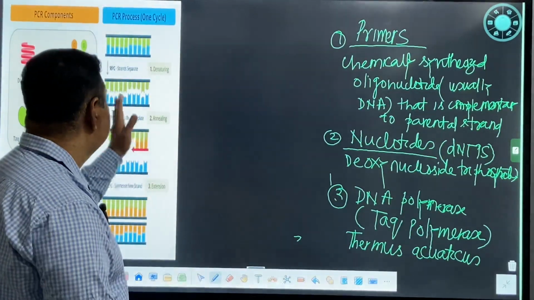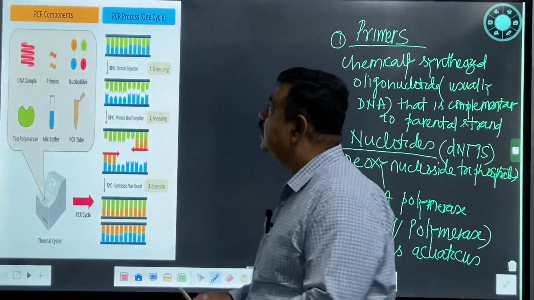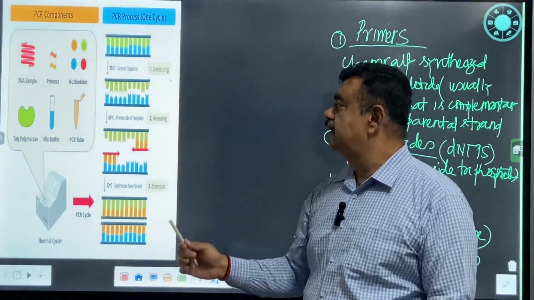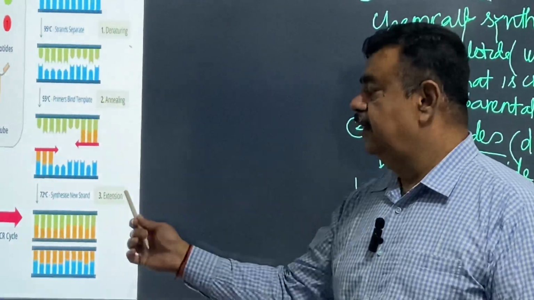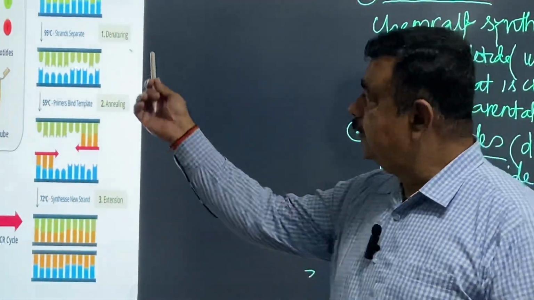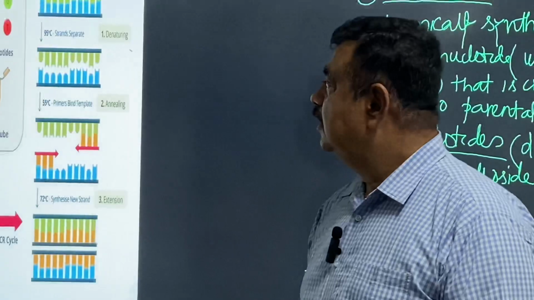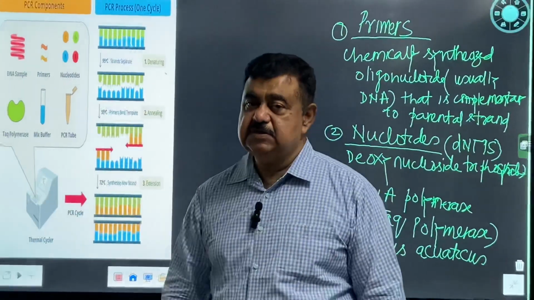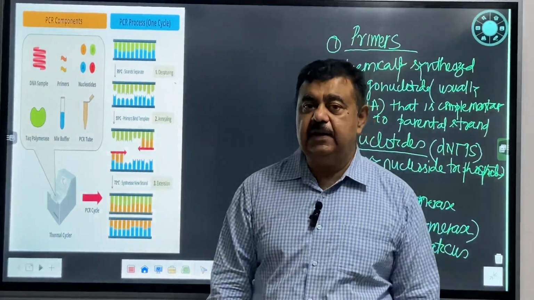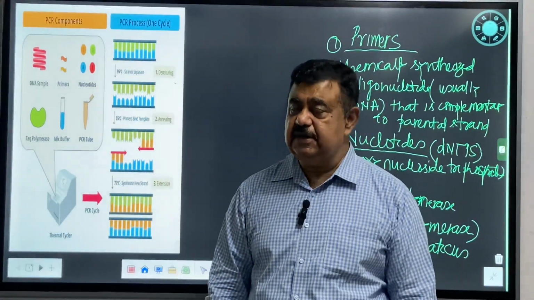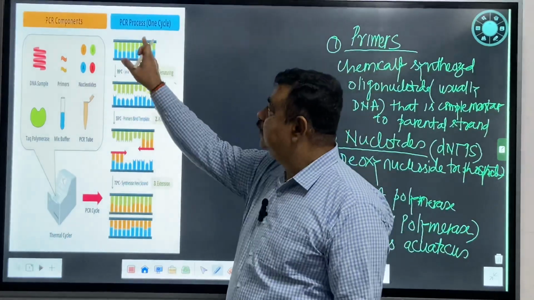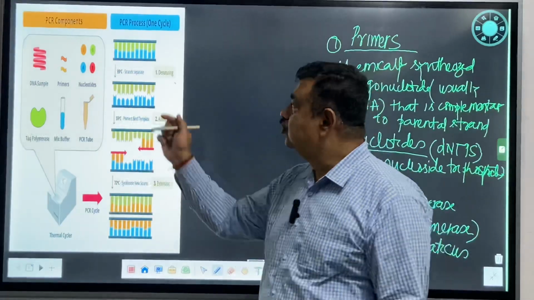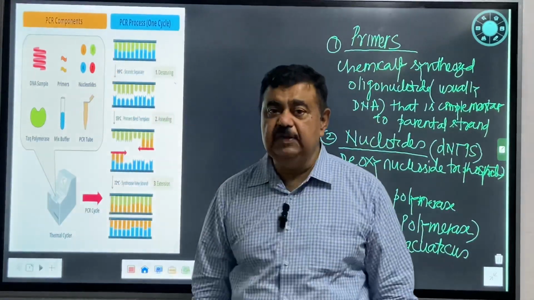Now we have to see the different steps in PCR. There are 3 steps: denaturation, annealing, and extension. The first step is denaturation, where in the thermal cycler the temperature is fixed around 94 to 95 degrees centigrade. Due to that, both the strands of the DNA separate from each other due to breakdown of the hydrogen bonds between them.